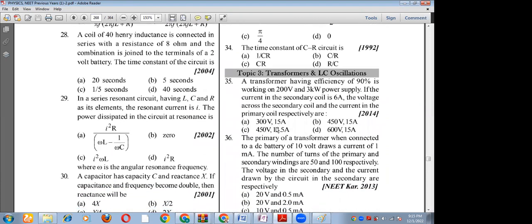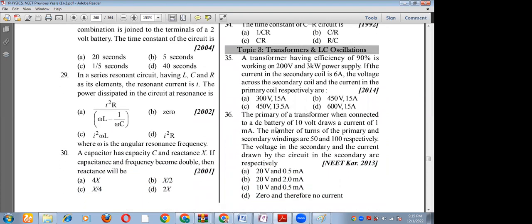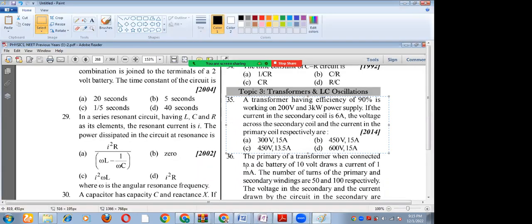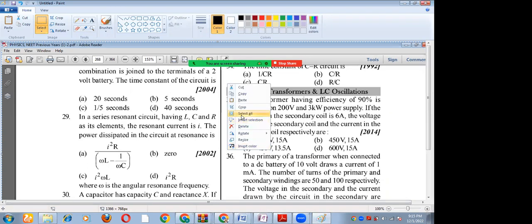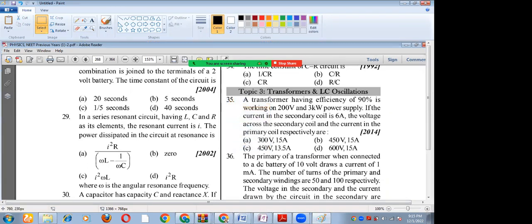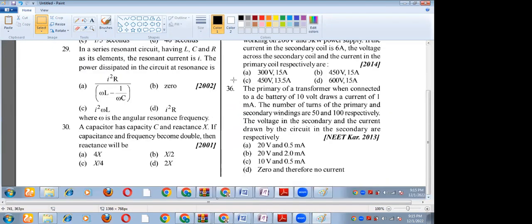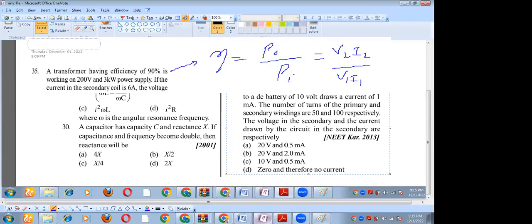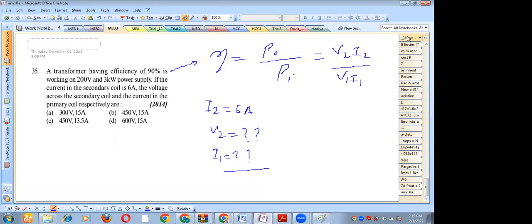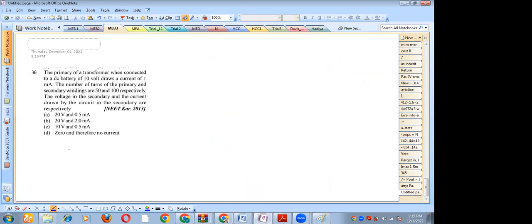Try question number 36. You are preparing for NEET, right, Ramana? Yes.